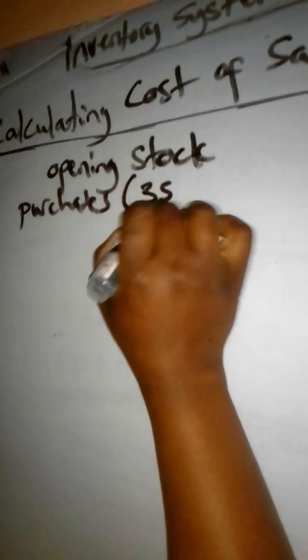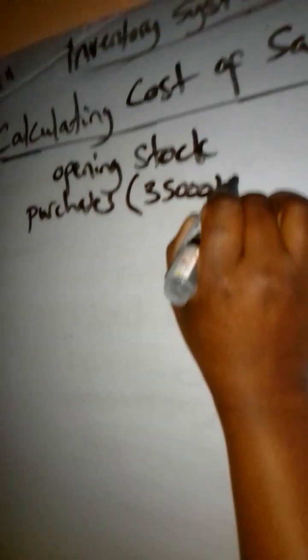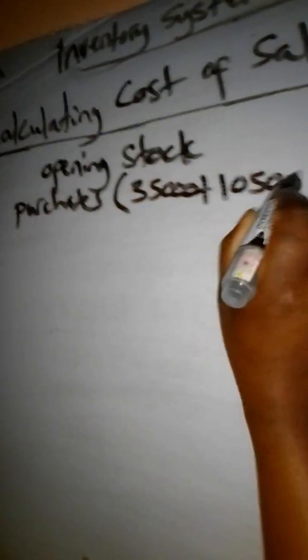We also have on the 7th purchase merchandise on credit from Mohasho wholesalers for 105,000. Attached to the invoice are delivery charges of 1,000. For purchases we call the delivery charges carriage on purchases, and by now I'm sure we know how to deal with them. So let's deal with the purchases first. We have the cash ones for 35,000 plus the credit ones for 105,000.